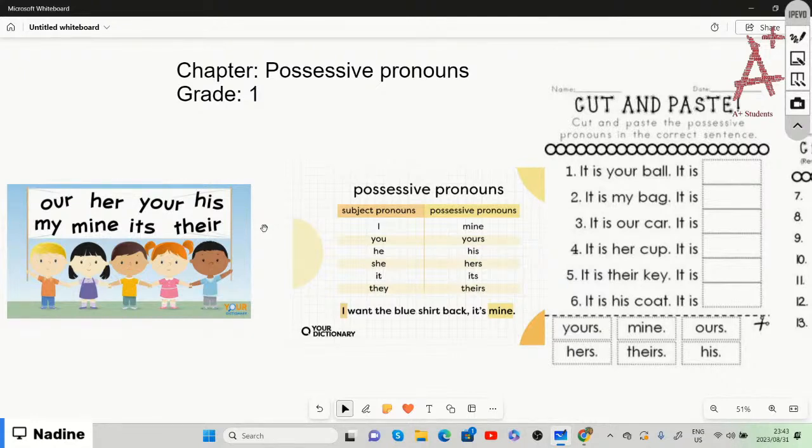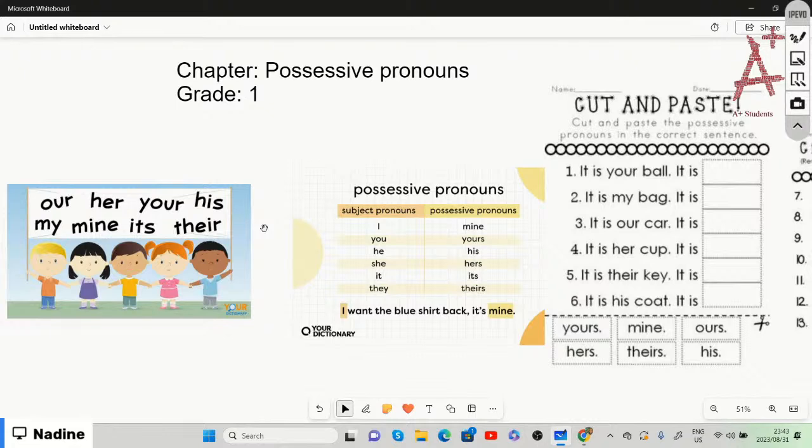So that is possessive pronouns. Possessive pronouns basically show ownership. It shows that you own something, or it also shows that you have something, right? And instead of saying, I have it, you say, it is mine, right?